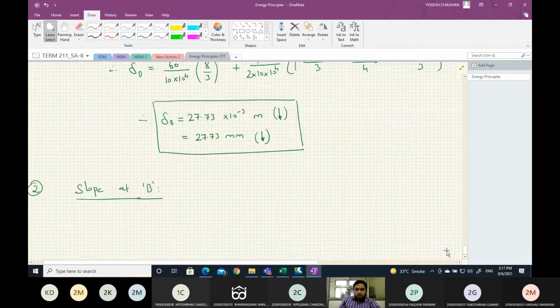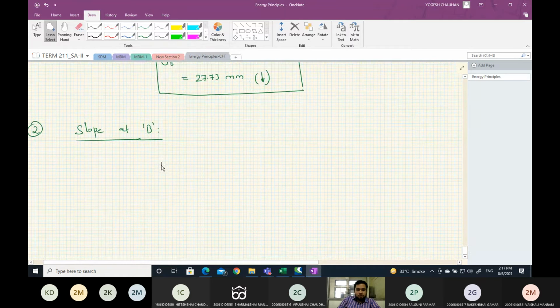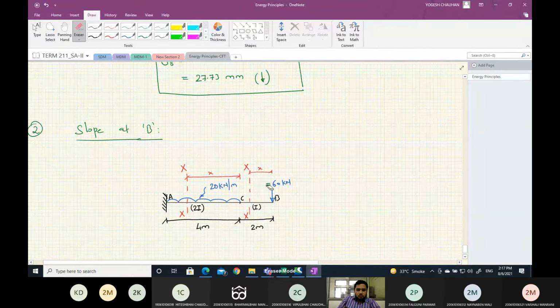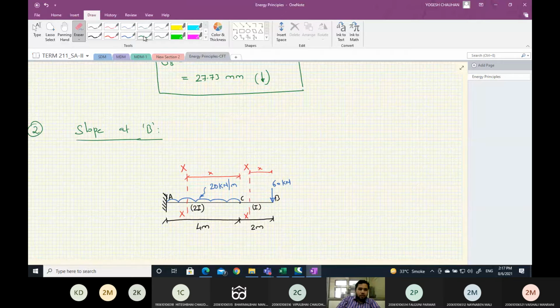So let us find the slope at B. Now, as you can see in the given problem, there is no moment at B. So we have to apply a fictitious moment here. Let us say this is the fictitious moment M, whose value is equal to 0 kilonewton meter.